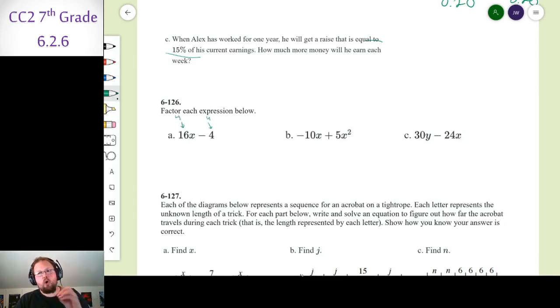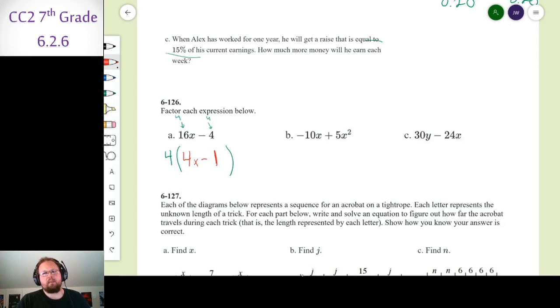So if I pulled a 4 out to the front and rewrote this as 4 times something, you ask yourself, 4 times what value gives me 16x? Well, I know that it has to have a 4 here, because 4 times 4 is 16. And it has to have an x, because there's an x here. 4 times what value gives me negative 4? The answer is minus 1.